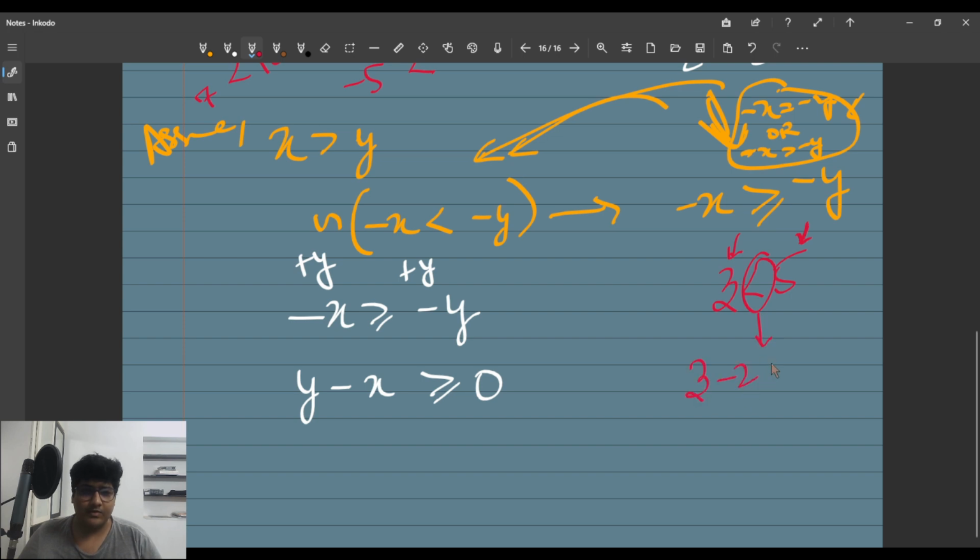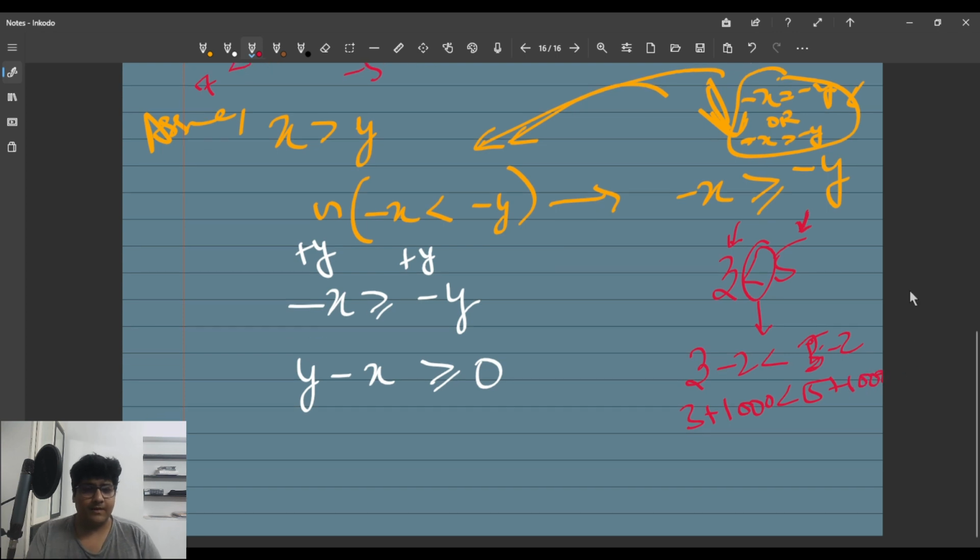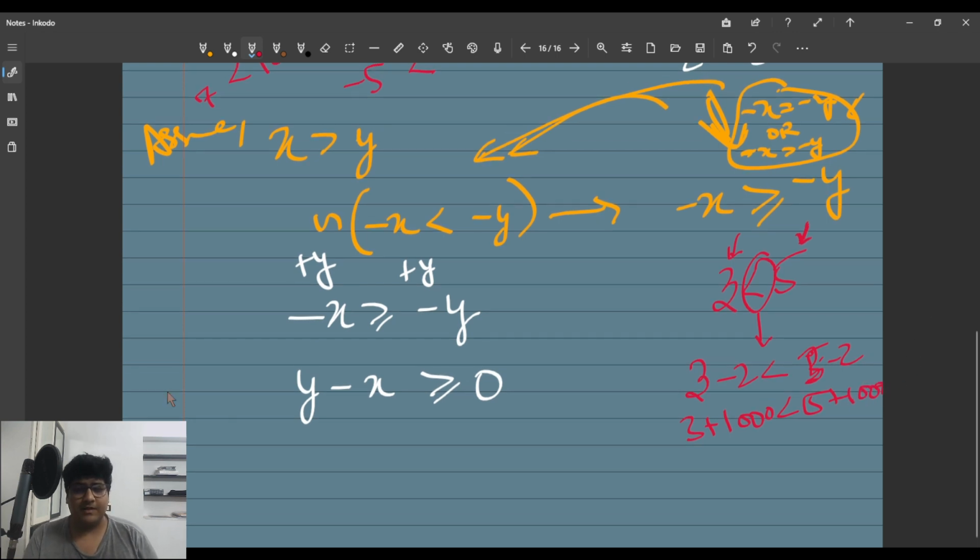So 3 minus 2 should be less than 5 minus 2, or 3 plus 1000 should be less than 5 plus 1000. All this we'll learn further, but still we're using it, and this is kind of intuitive also, so I didn't bother to. So y minus x is greater than or equal to 0.